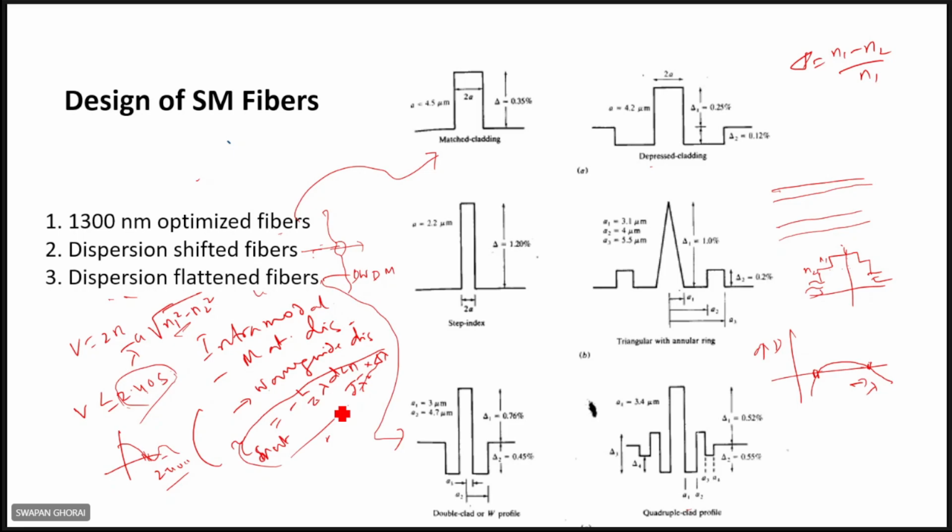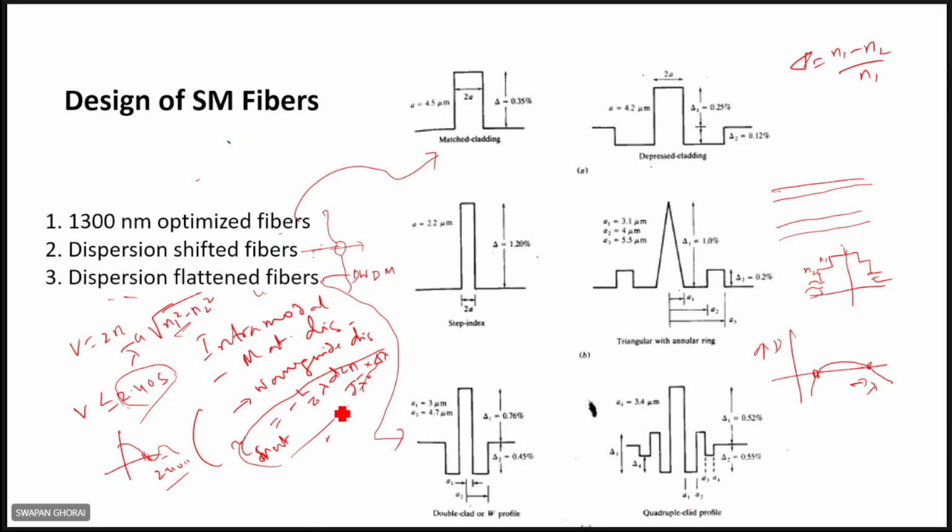I told you the material dispersion is very difficult to alter because it is inherent, but it is possible to modify the waveguide dispersion through the fiber parameters by using complicated index profiles. If you change the waveguide dispersion in such a way that it is almost equal to the material dispersion, then the total dispersion effect will be minimum.